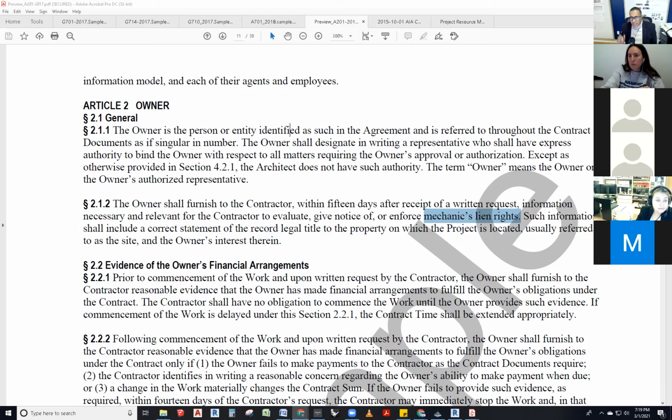The same thing happens with a project, right? The project is being done by a contractor, and the owner has to provide the contractor with titles and information about that project, where the contractor, if he's not paid, could actually put a hold on that property.